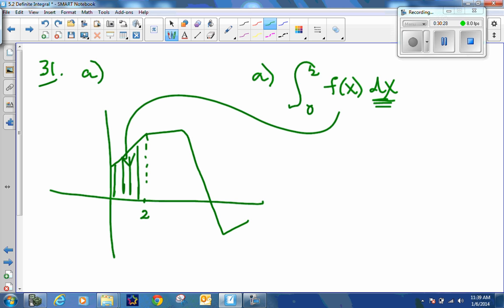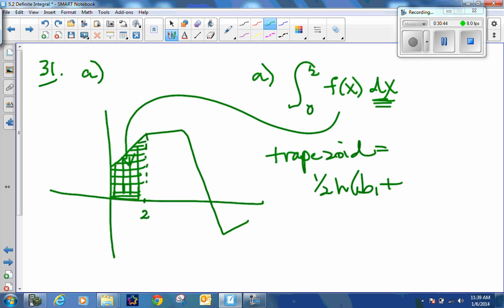Now, what does that look like to you? To me, it looks like a trapezoid, so 1/2 h (b1 + b2). Remember, your bases are your parallel sides.